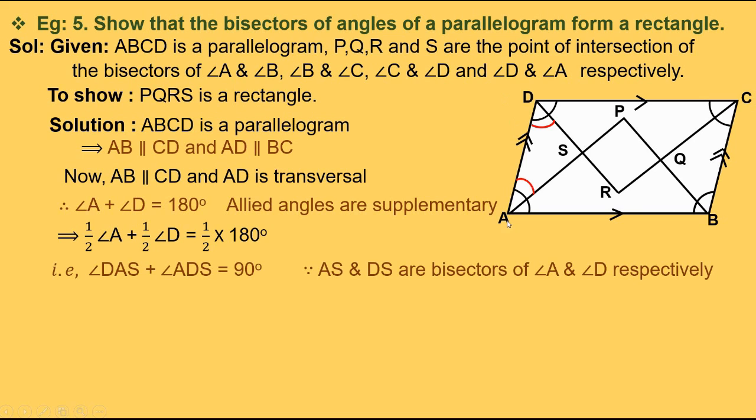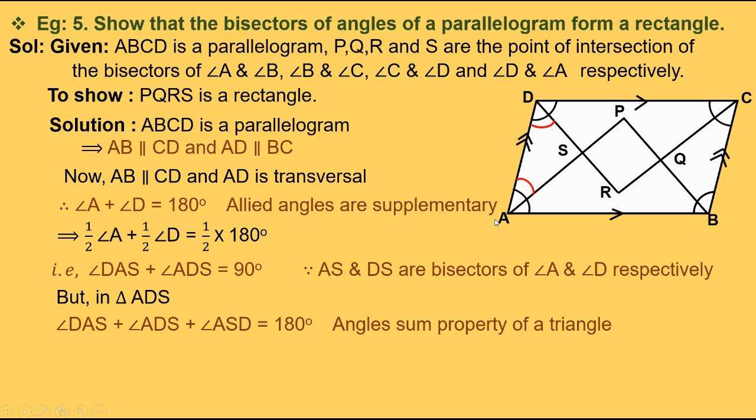But in triangle ADS, angle DAS plus angle ADS plus angle ASD is equal to 180 degrees, by the angle sum property of a triangle. Now angle DAS plus angle ADS is equal to 90 degrees. This implies 90 degrees plus angle ASD is equal to 180 degrees.